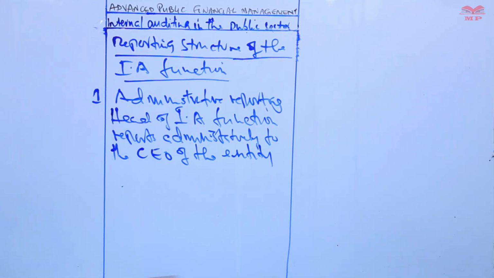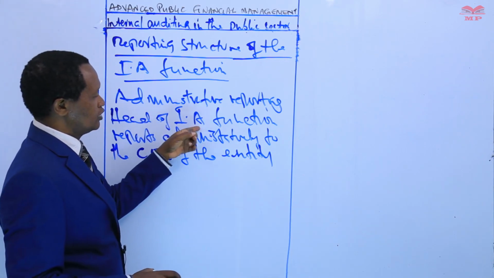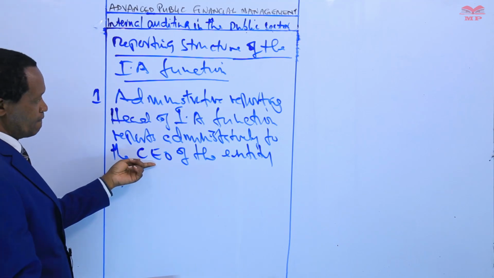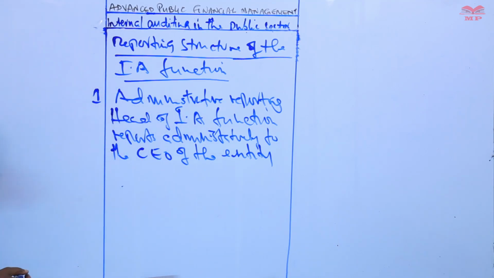It could be the principal secretary and so on. And this ensures that the internal audit function is integrated within the entity structure and that its operational needs are met. So this head of internal audit function will report directly, administratively, to the CEO. That's what we are referring to as administrative reporting.